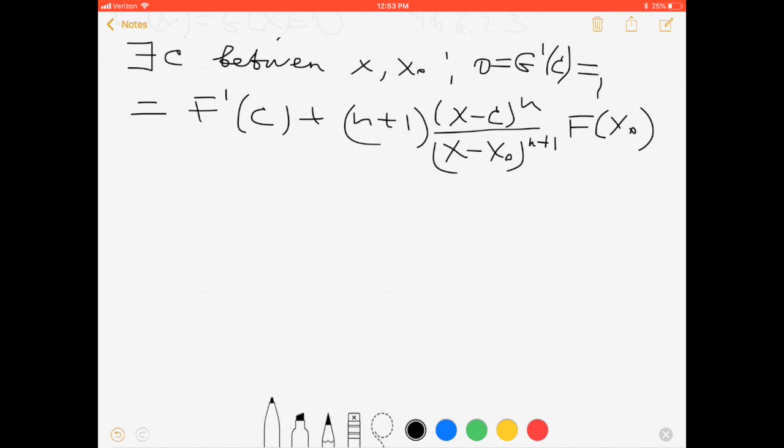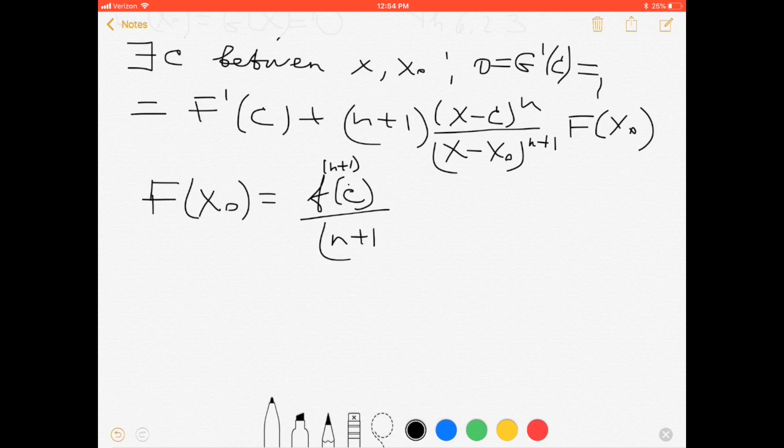If we solve this equation, we have f of x0 exactly equal to the (n+1)th derivative at c, which means (n+1) factorial, times (x minus x0) to the power n+1. And this means we prove our theorem.